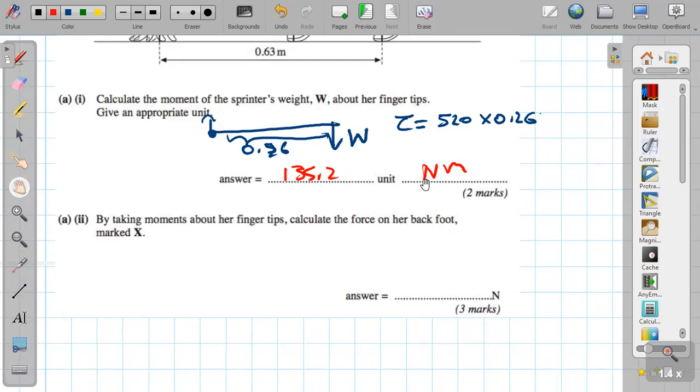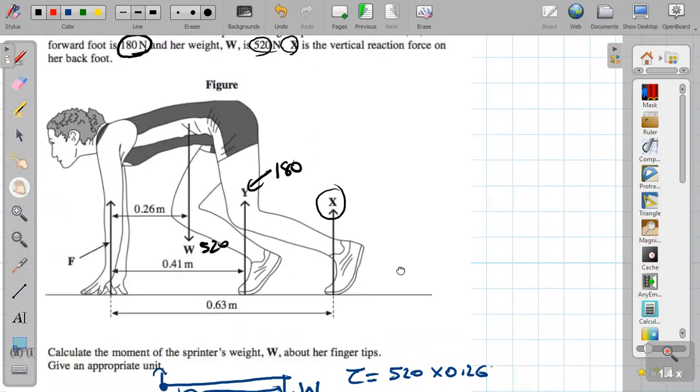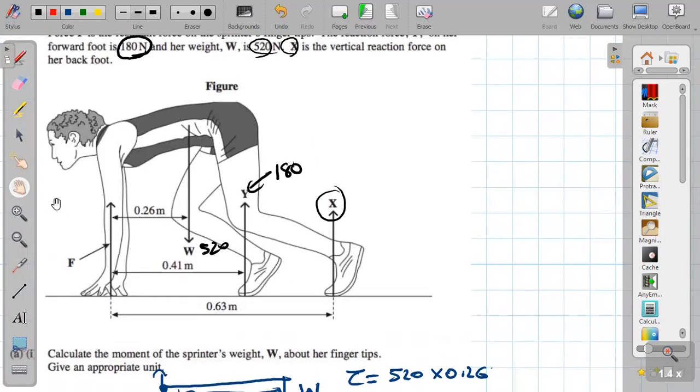The next one: by taking moments around her fingertips, calculate the force exerted on her back foot. I need to do this one. There is a very simple logic. It appears to be a hard one. No, I told you, no. You have to do nothing but draw a straight line. Consider the fingertips as the pivot.